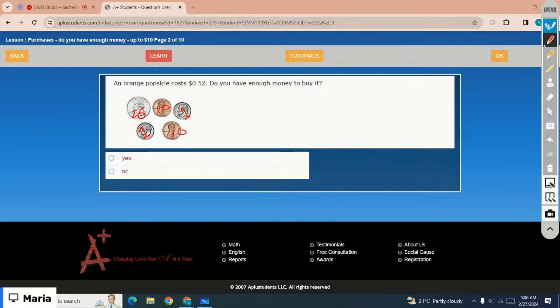So which is the correct option? 25 and 10, 35, and 10, 45, 46, 47. You have $0.47, right? The correct option is no, you don't have enough money.